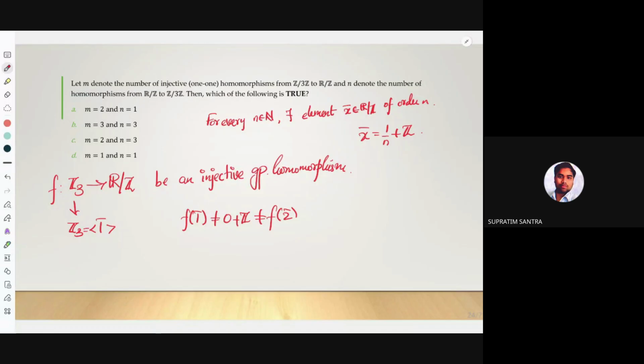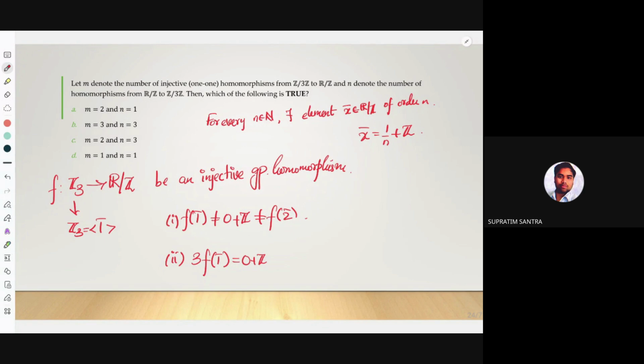That's the injectivity coming in. So this is the first thing. And what's the second thing? 3 times f of 1 bar is 0 plus Z, because f of 1 bar has order 3 in Z mod 3Z. So 3 times f of 1 bar is this thing.